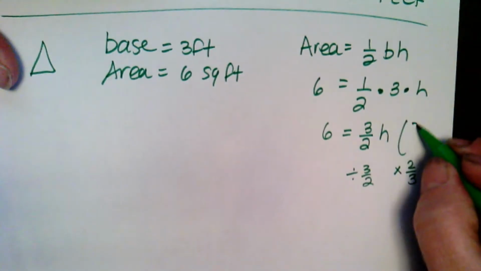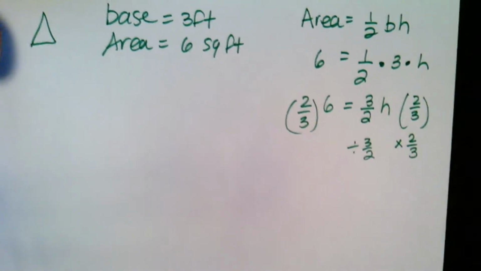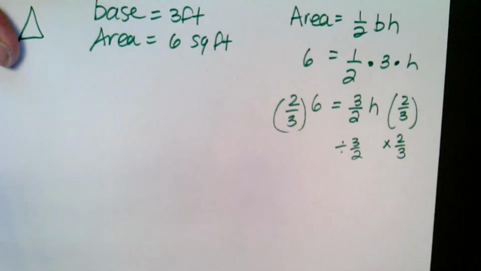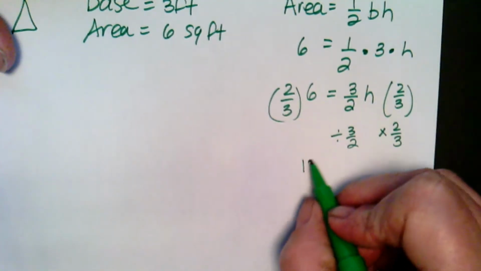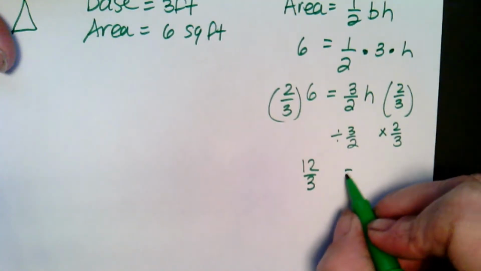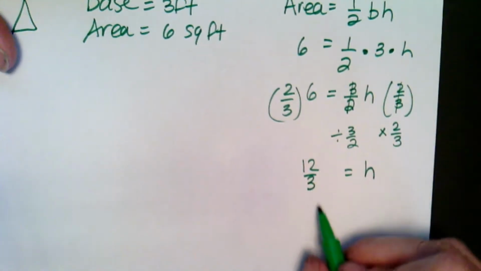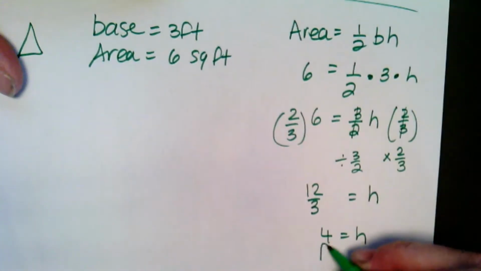So I'm going to multiply both sides by 2/3, which means the same exact thing. When we multiply fractions, it's tops times bottoms, so 12 over 3 equals, and then these two cancel out and leave our h, and we can simplify this to 4. So our height is 4 feet.